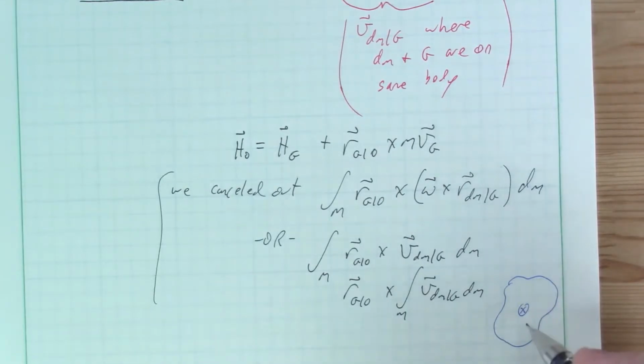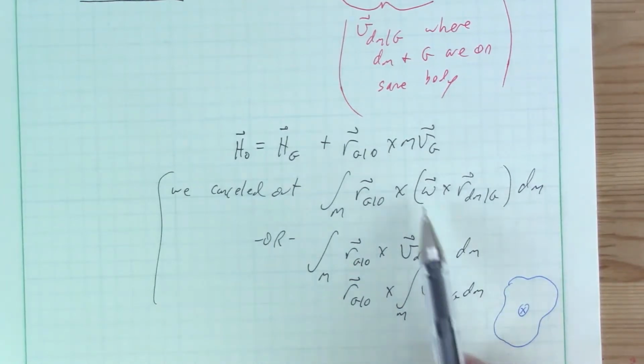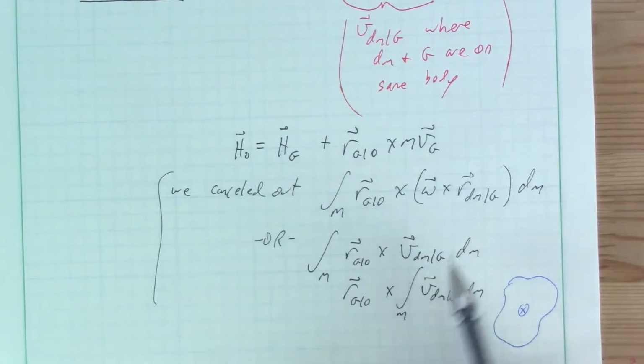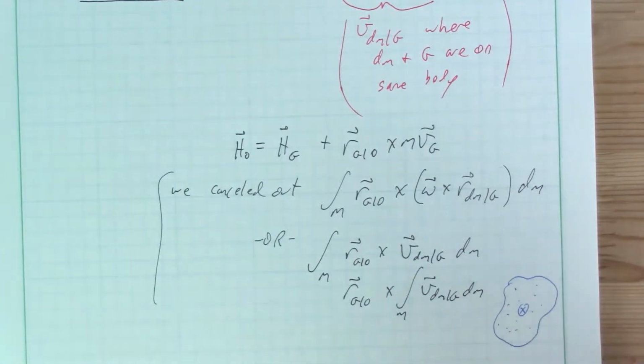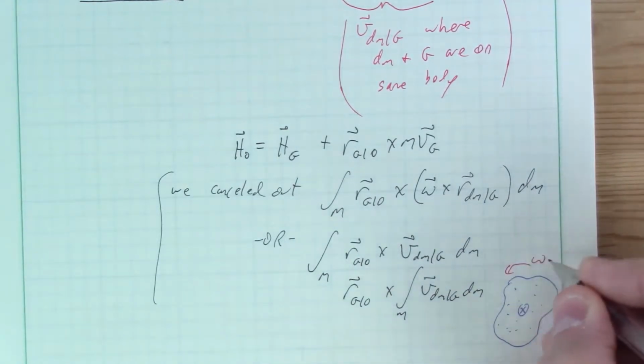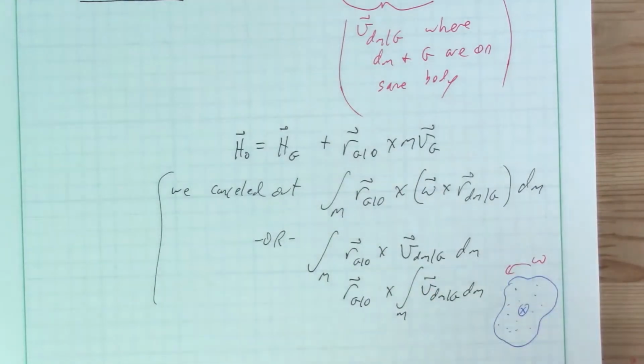If this thing is rotating, by the way, the velocity here is just going to be its rotational motion, which is what we have here. I just replaced it here so we could talk about the relative velocities. This is the relative velocity of all these little dm elements, which are all around it throughout the entire shape. Let's say the whole thing is rotating right now with a positive omega, in the right-handed coordinate system here.